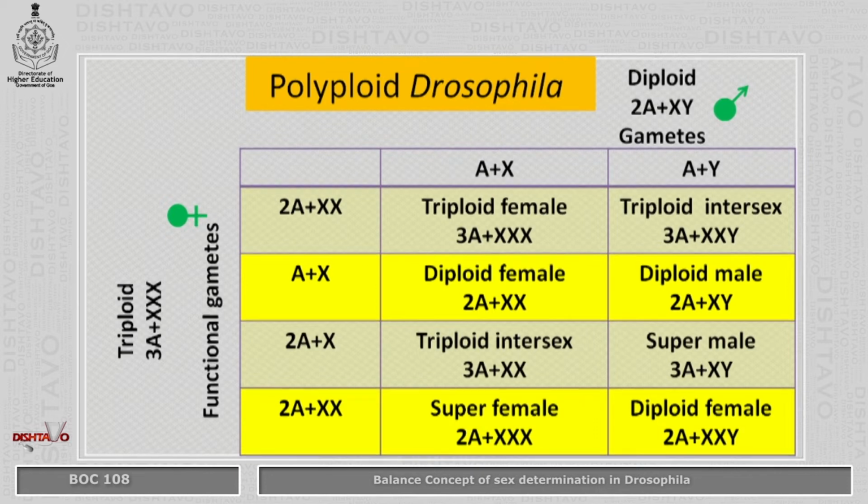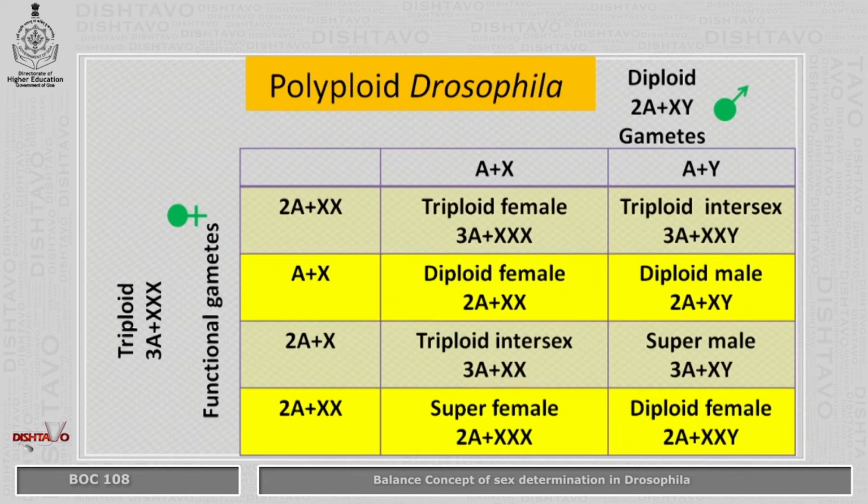When a female having 2 autosomes and 2 X chromosomes is crossed with a male having the gametes 1 autosome and 1 X chromosome, it would result in an offspring which is a super female having 2 autosomes and 3 X chromosomes.